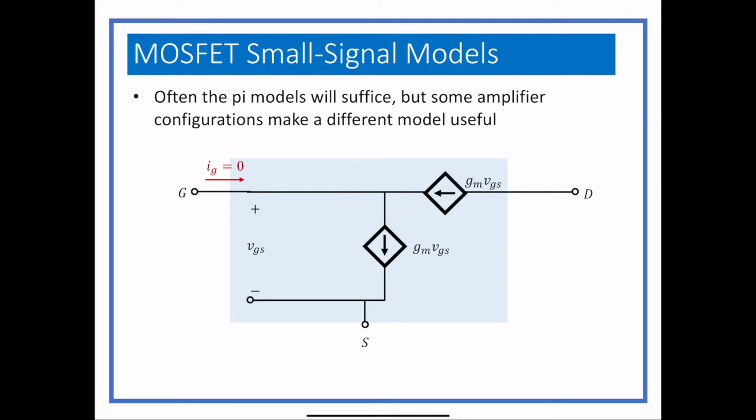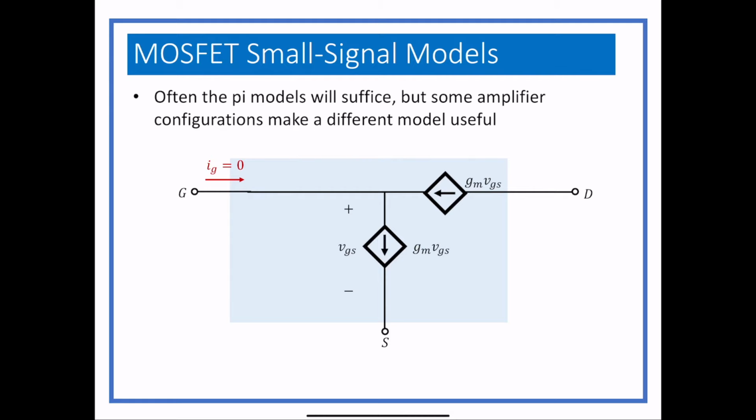Once we do that, we can actually replace the lower current source with something equivalent that is going to do the same thing. So right now, we have a current source that's GM-VGS, and we have a voltage across it of VGS.